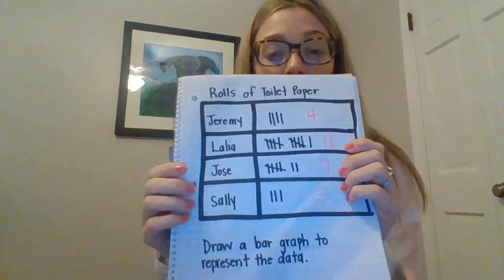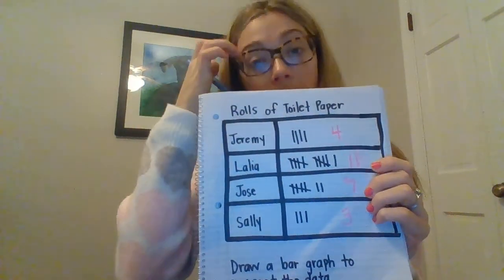So that kind of completes the graphing portion of our lesson. Before you move to fluency, go ahead and pause the video right now, and I want you to make a picture graph representing the same data set. So you're still going to use this data set right here to make a picture graph.